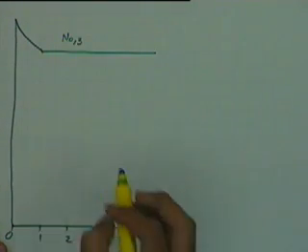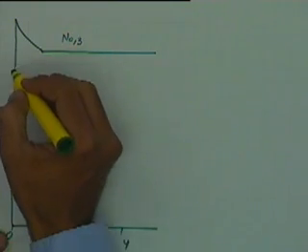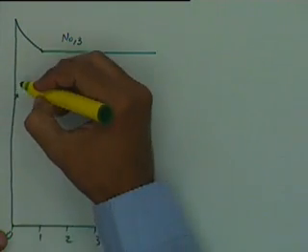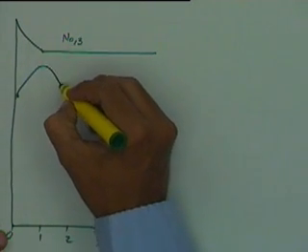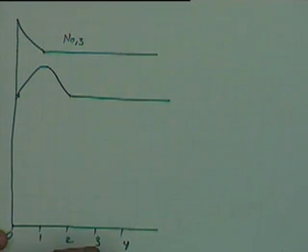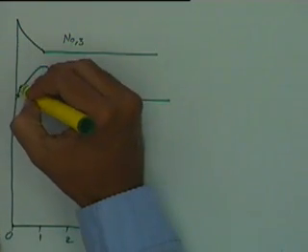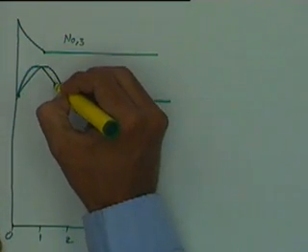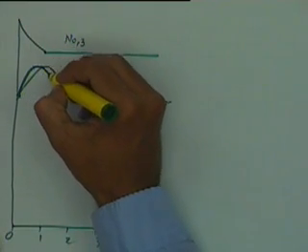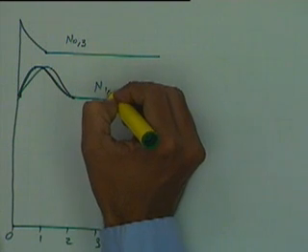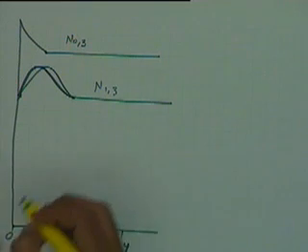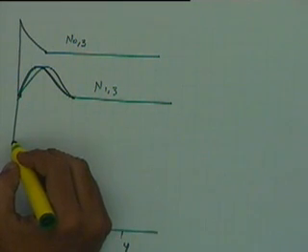If I take n13, let's say it will start from here. Actually the peak is slightly earlier. This portion of the curve, this is n13. We look at n23.